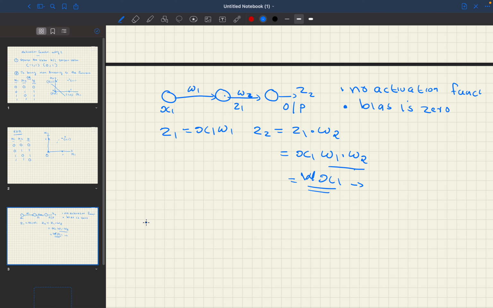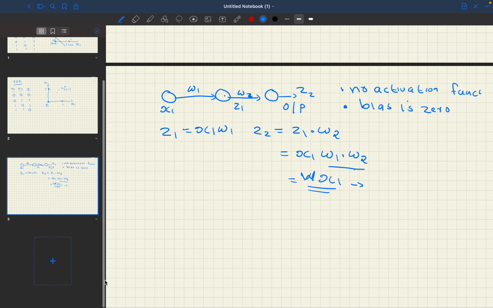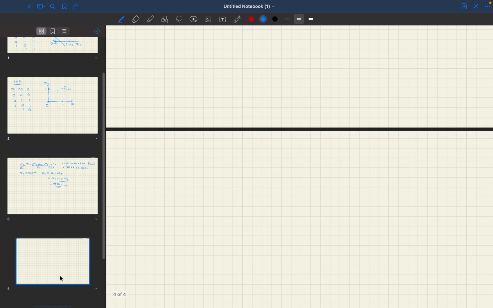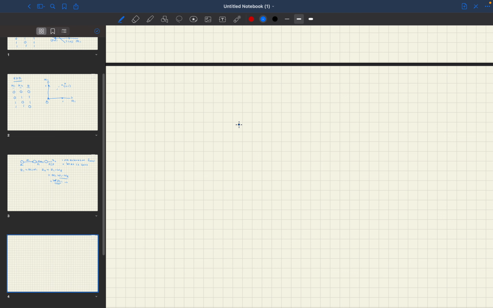Now consider another example. Here we set the bias to 0, right? Now consider the bias. Including the bias, how can we solve this? There is still no activation function.